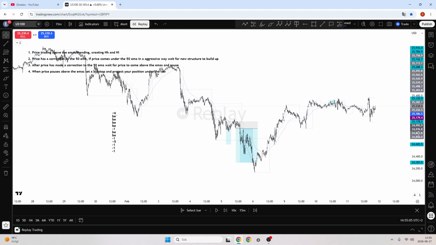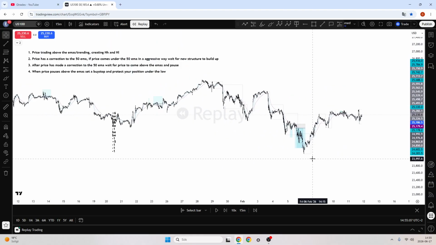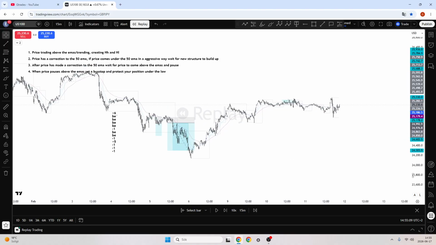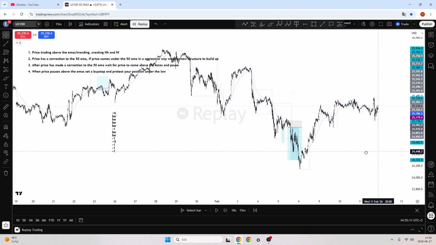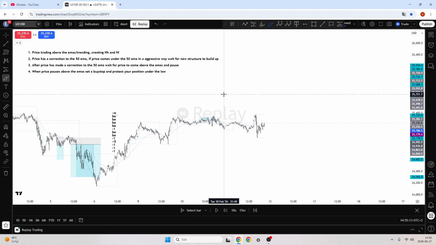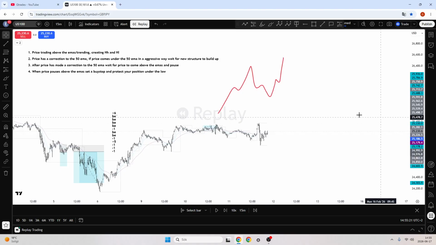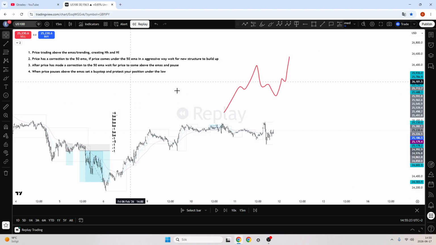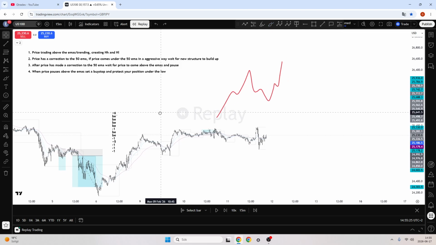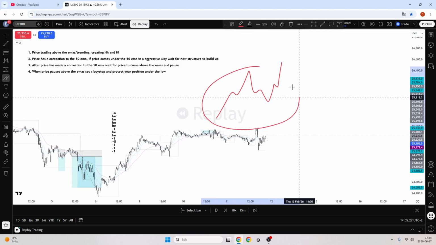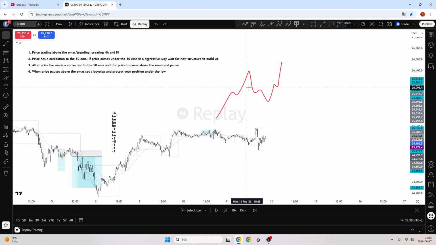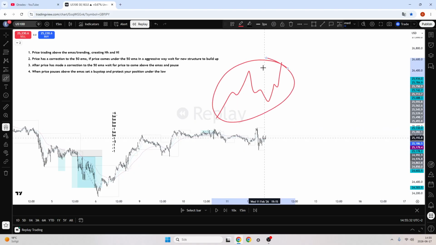Because if you zoom out, you're basically just trading this setup whenever it comes, and this setup doesn't mean anything if you don't know where to trade it, right?